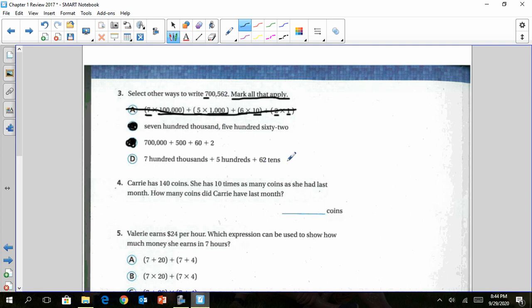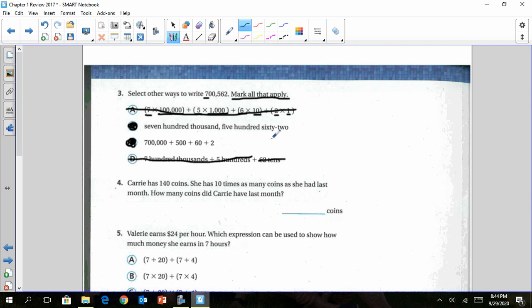If you had 62 $10 bills, you wouldn't just have 62, you would have 620. So this value here would be 620. Therefore, we do not have 62 tens, so D is not correct. The correct answers here would be B and C, the word form and the expanded form.